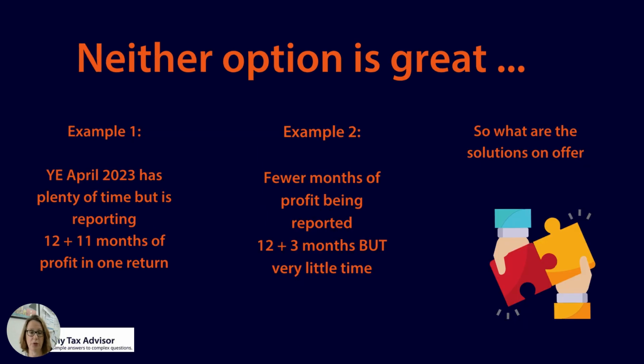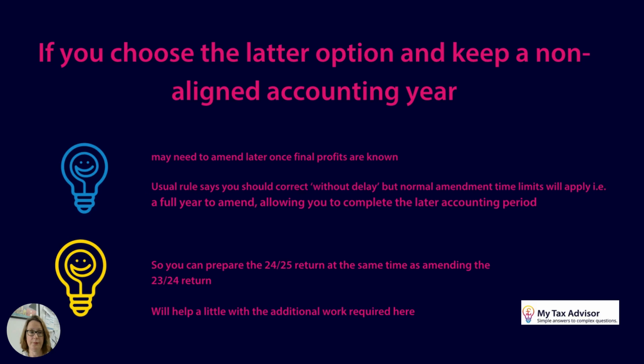So that is really what we're talking about here. If you decide you don't want to change your accounting year and you need to keep a non-aligned accounting year, as I've said, you will need to amend your tax return once the final profit figure is known.